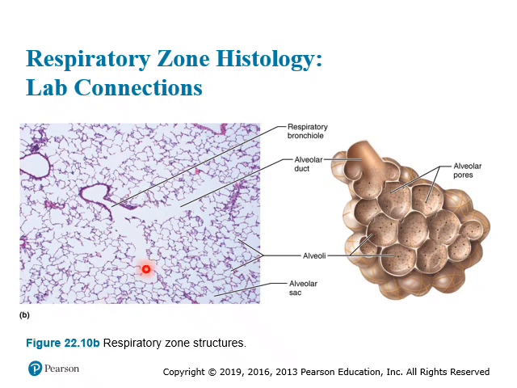You have to make sure that you know how to identify these different structures histologically. Here you can see the respiratory bronchiole. So this particular area here is the respiratory bronchiole, so it is already part of the respiratory zone.